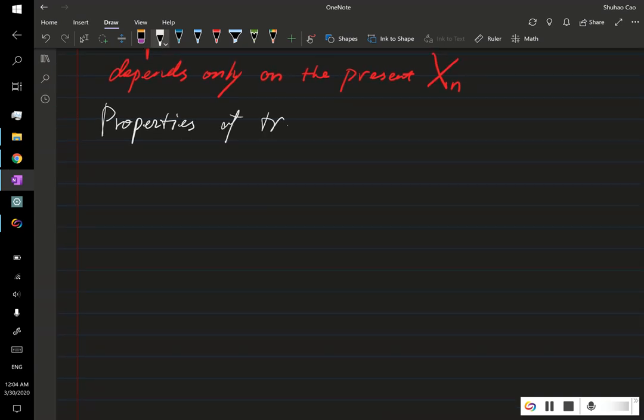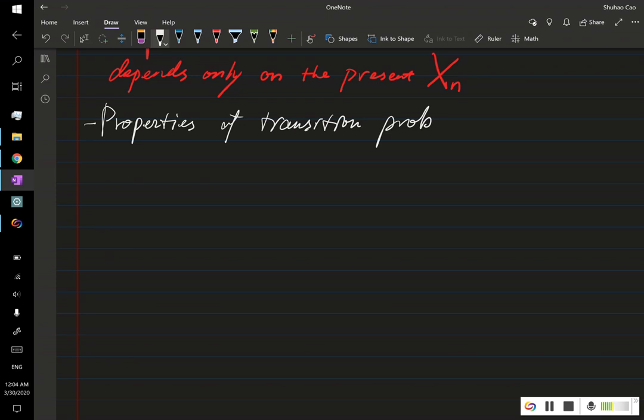Okay. And now let's learn the properties of transition probabilities. So first of all, the transition probability has to be a probability.